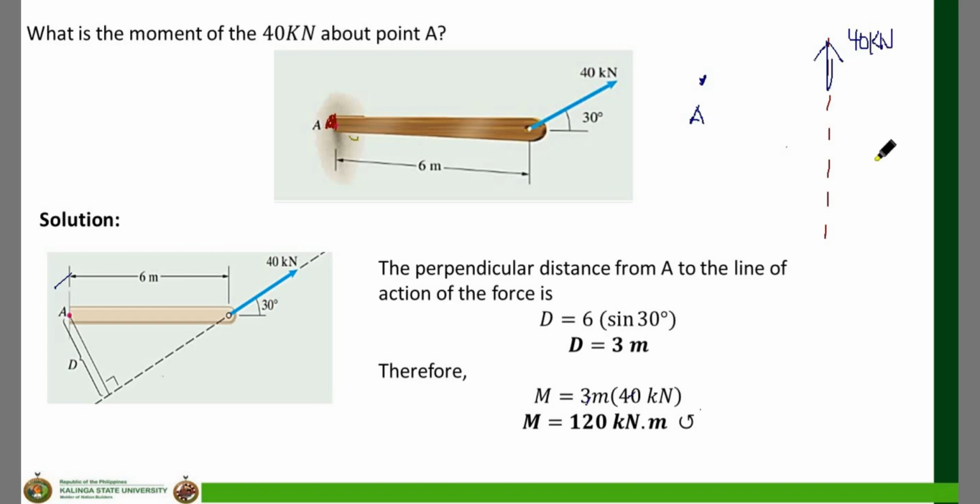This is the point you want to touch. The distance from point A to the line of the 40 kilonewtons is 3 meters.